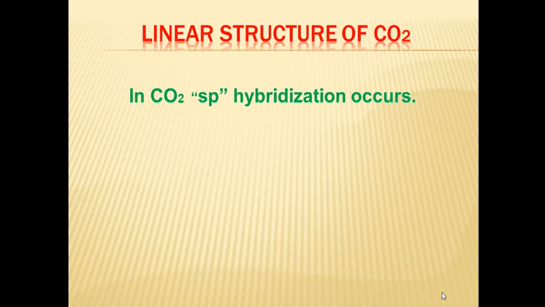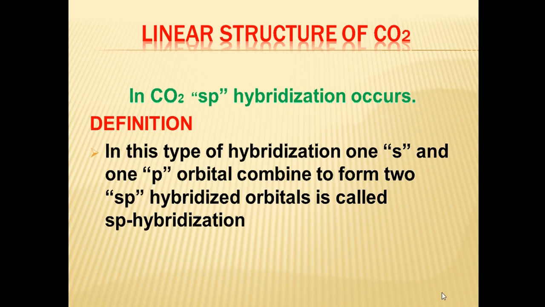In carbon dioxide, sp hybridization occurs. sp hybridization is defined as when one s orbital and one p orbital of an atom combine. As a result, two sp hybridized orbitals are formed, called sp hybridization.